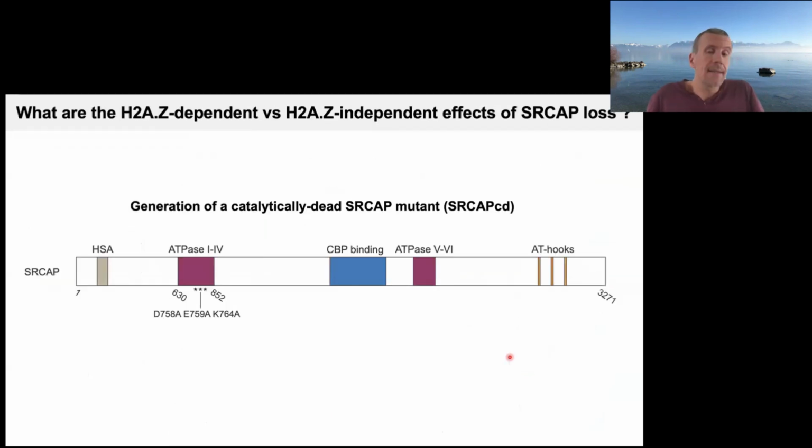But what we don't know yet is whether these changes in transcription factor binding, and also those changes in transcription activity that I showed you before, are caused by the loss of H2A.Z on chromatin, the loss of SRCAP, or both. So to try to solve this issue, we then took advantage of this catalytically dead SRCAP mutant that we generated.